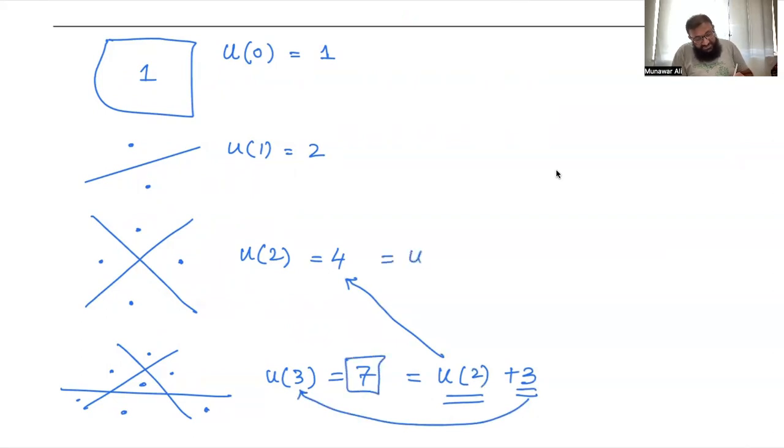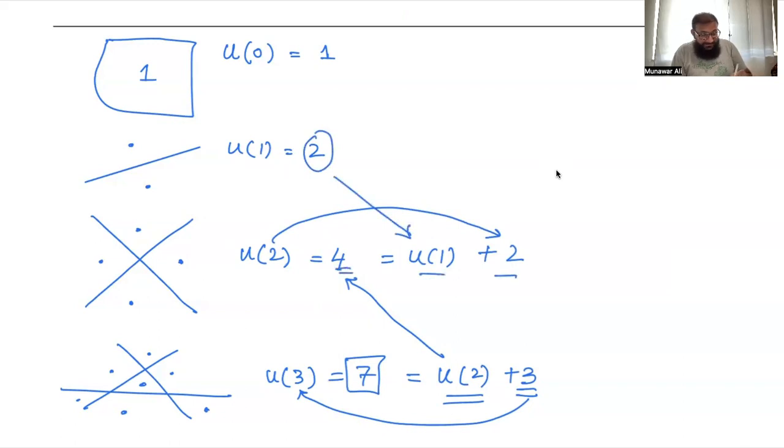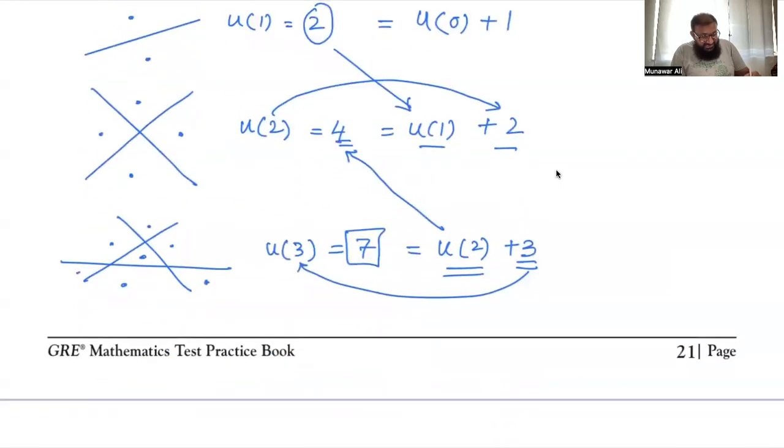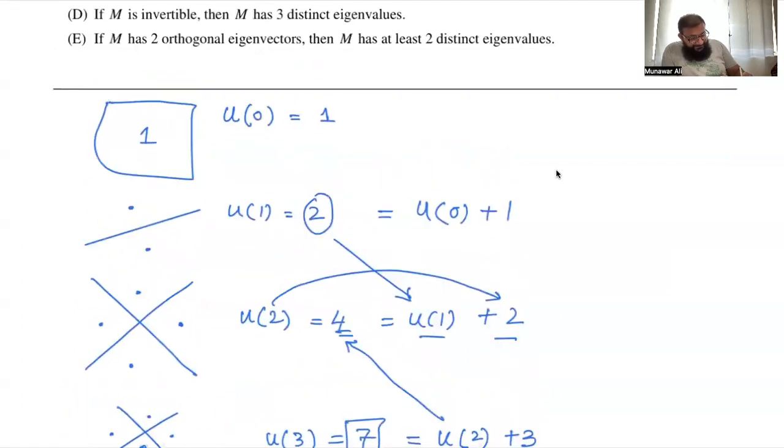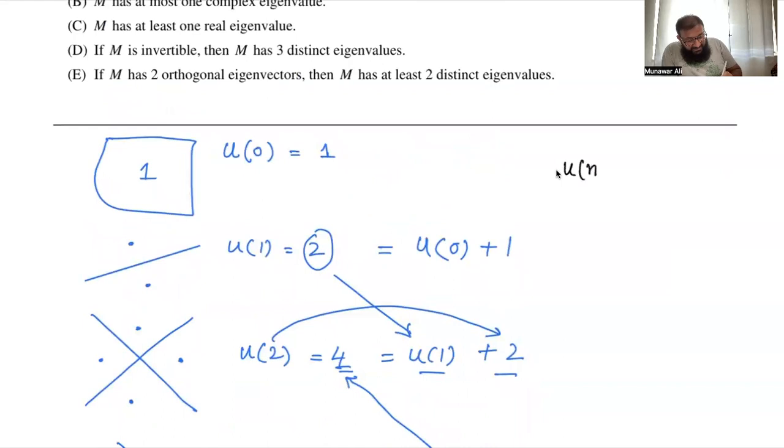I can write this as U of 1 plus 2. So 2 comes from here and U of 1 is equal to 2. So 2 plus 2 is going to be 4. And U of 1 is U of 0 plus 1. So generalizing this, I will get that u of n is equal to u of n minus 1 plus n.